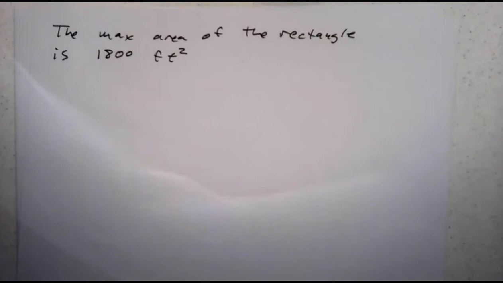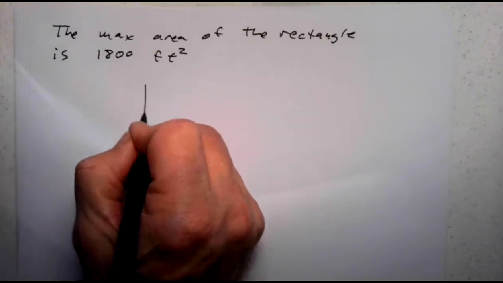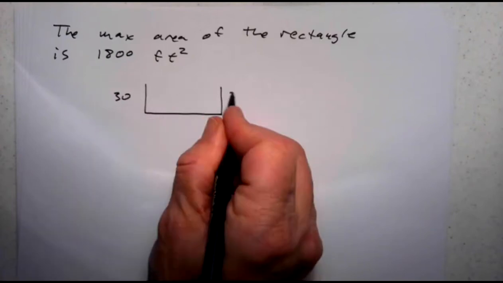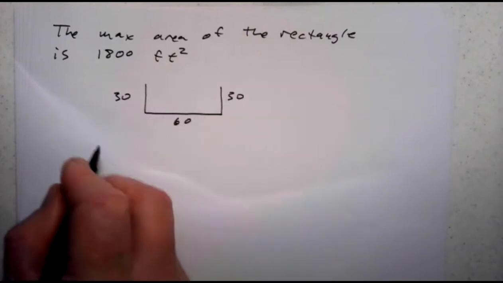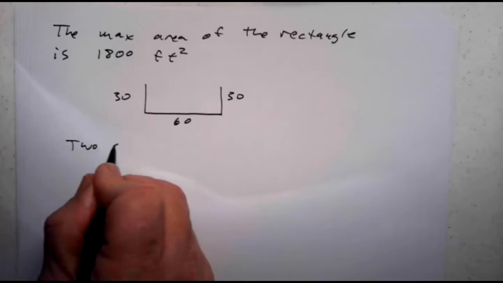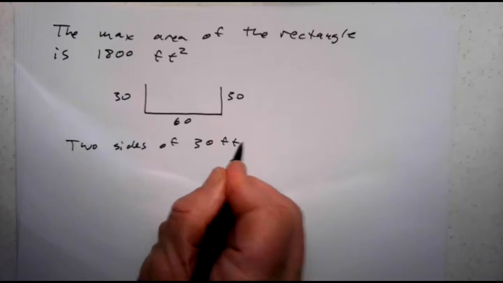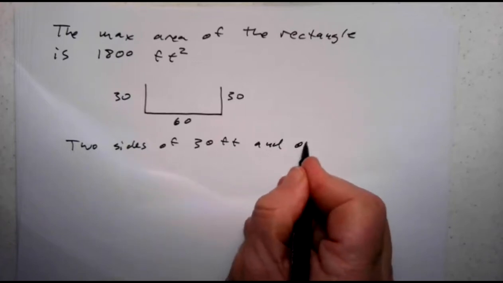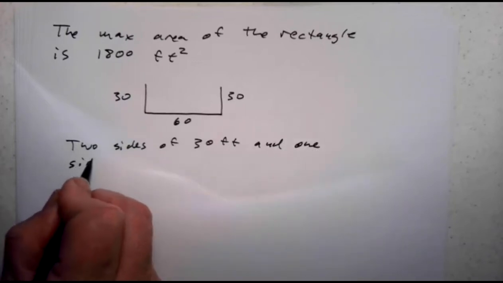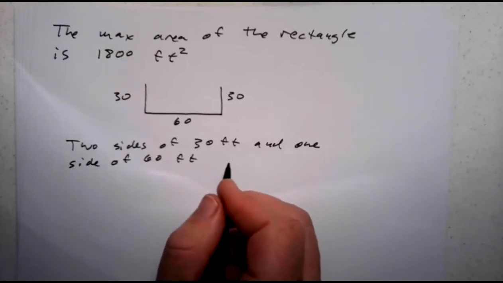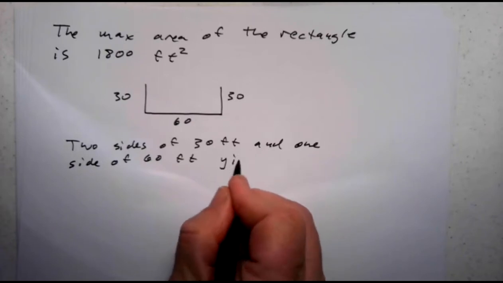We started with 120 feet to build our garden. So the two short sides were each 30, and the long side was 60. So I'll write that down. Two sides of 30 feet and one side of 60 feet yield the rectangle with largest possible area.